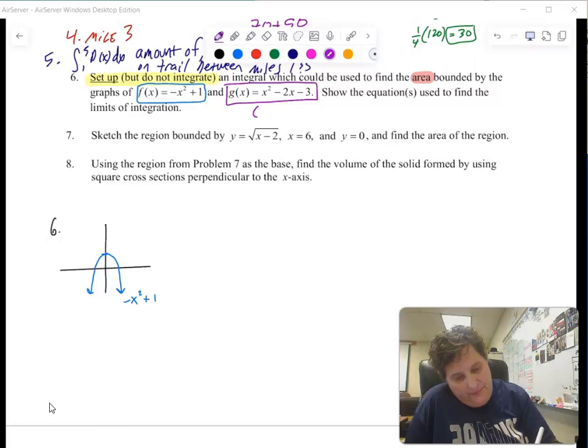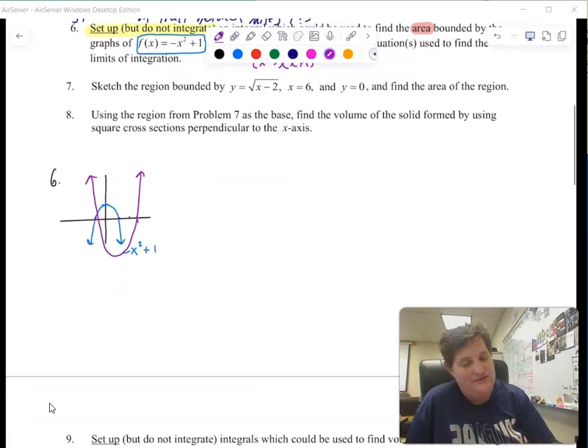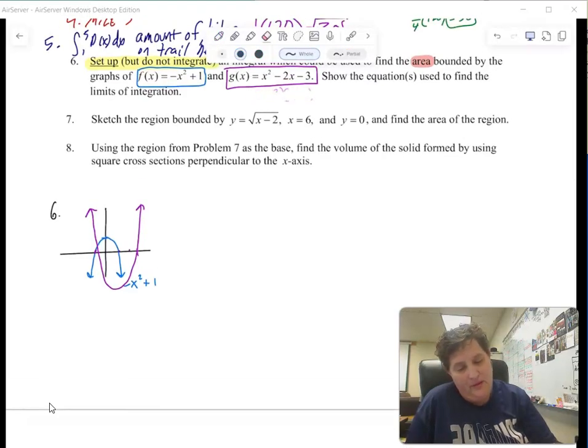I mean, because this factors to x minus 3 times x plus 1, I know it crosses at -1 and 3. So I just know I can kind of do it like that. But it's not necessary for this problem to know exactly where that's graphed, okay?